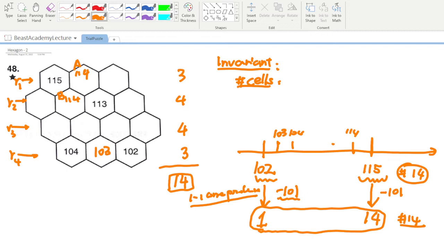Normally we want to go 102, 103, 104, then go up to here, right? If I fill the 114 here, that means I can. If I fill here, I have to go back. Did you see it? So that means 114 must be in A cell or B cell. The 114 must be in the A cell, right?